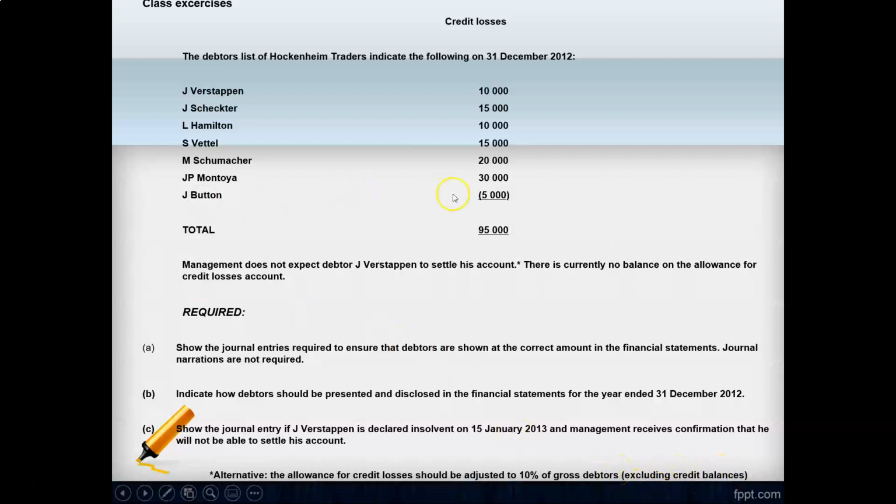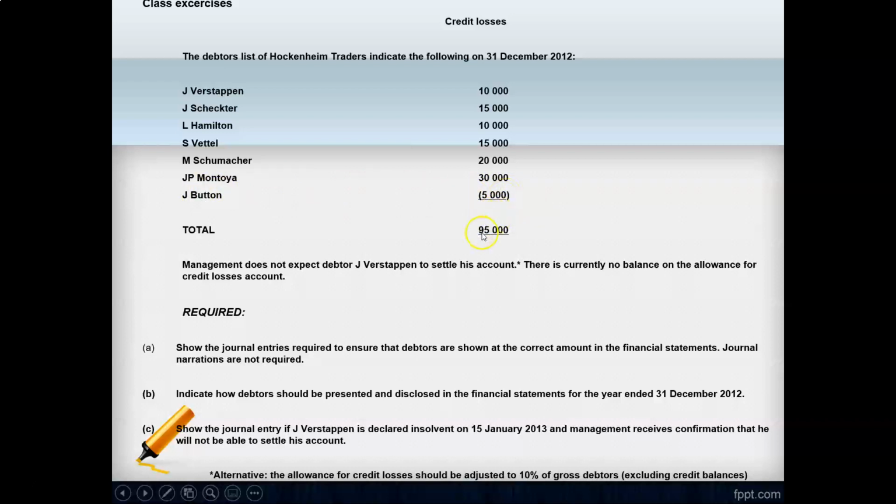Now, the first thing that you have to ask yourself, what is gross debtors? Because remember, what does IAS 1 require you to do? It says whenever there are debtors balances or debtors accounts with credit balances, I have to transfer the credit balance to creditors. So what now? Now Button's got a credit balance of 5,000 Rand.